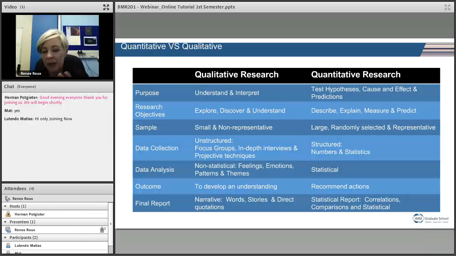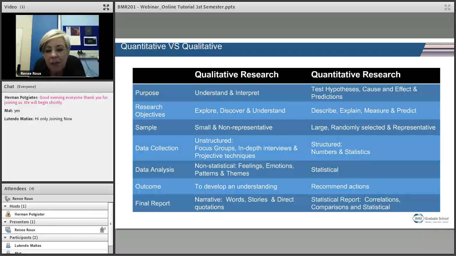Remember in the beginning when we talked about predictions, descriptive, cause and effect, that's where you use quantitative. The research objectives are very different. With qualitative, you will explore, you will discover, you will try and understand. With quantitative, you will explain, you will measure, you will predict, you will describe.